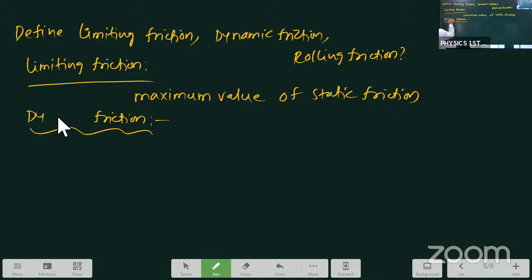Dynamic friction is also called kinetic friction, sliding friction, same. So according to our Board of Intermediate, they are asking limiting friction, dynamic friction, rolling friction. That is why we are going as it is according to our textbook. Limiting friction, maximum value of static friction, over. Next, dynamic friction.